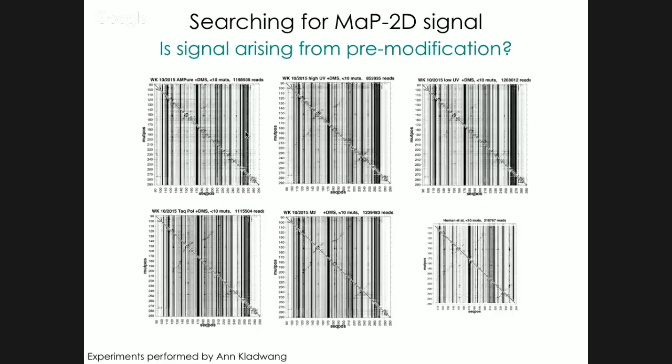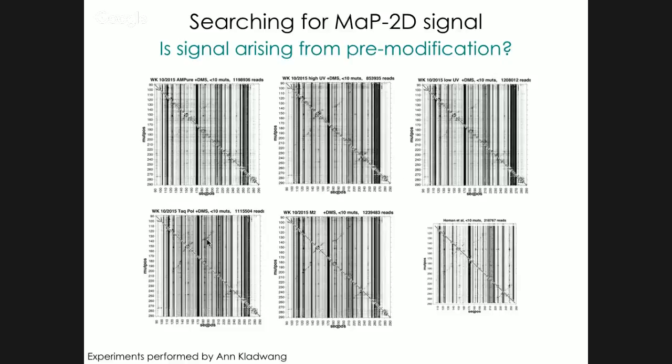So you can see that introducing mutations by various methods does produce some two-dimensional signal, but it's not the same appearance as the signal from the Weeks lab mutational profiling data.